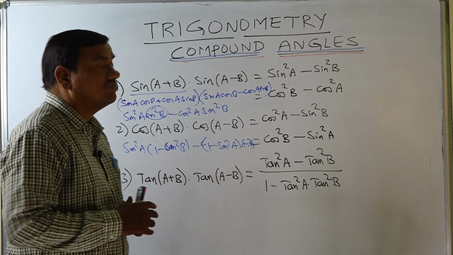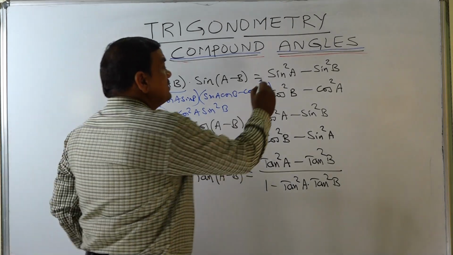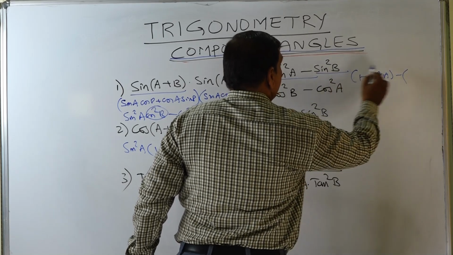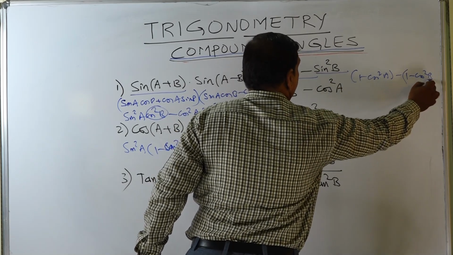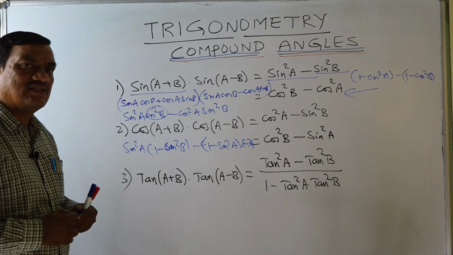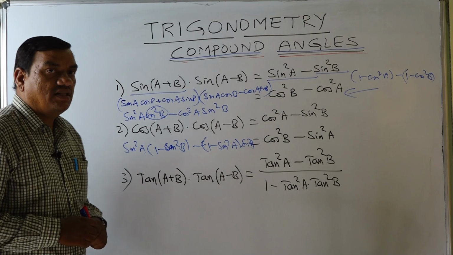If you want to convert purely into cos, in place of sin square A put 1 minus cos square A, and in place of sin square B put 1 minus cos square B. If you open the brackets, you will get cos square B minus cos square A. Like that, you will get the formulas.